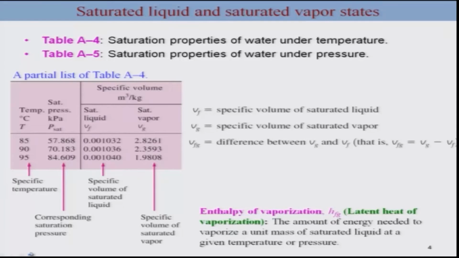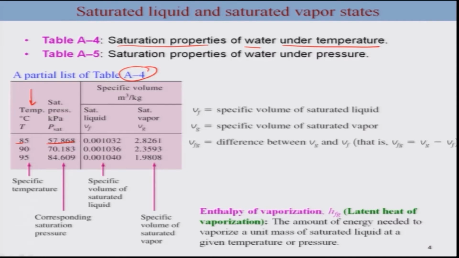So let's look at how these tables look. We'll start with table A4, which is saturation properties of water under temperature. What does that mean? It means that the first column of the table will be temperature, and for each temperature you will have a saturation pressure value. So for 85 degree Celsius for example, for water, you have 57.868 kilopascal as saturation pressure.